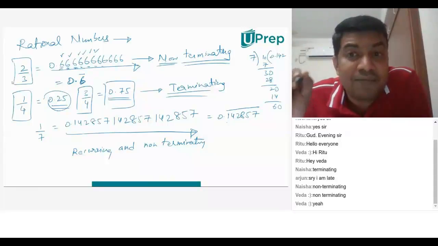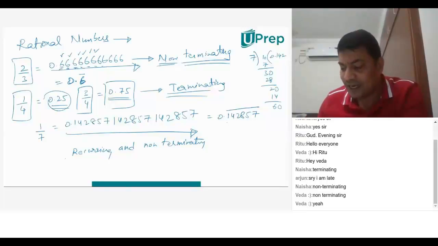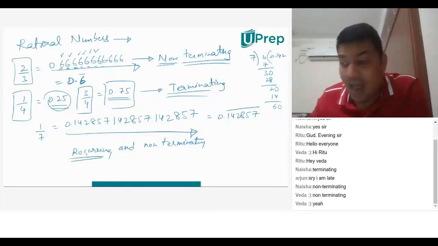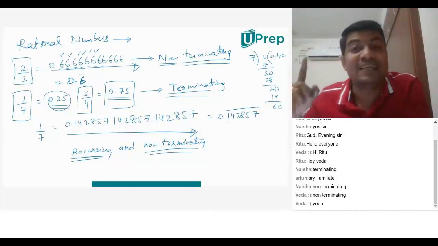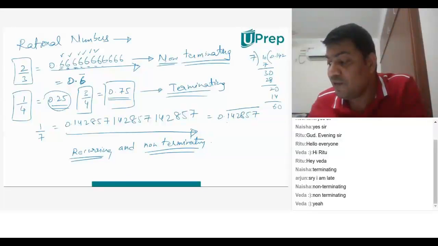So recurring means the same numbers are repeating. Even if it doesn't terminate, such a number can always be put in the form of P by Q. Therefore, it is a rational number.